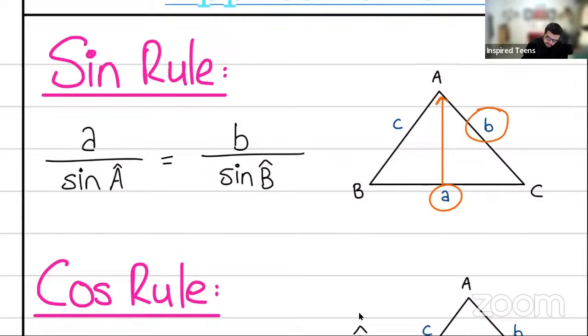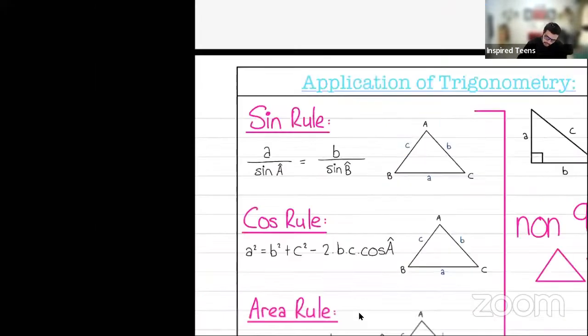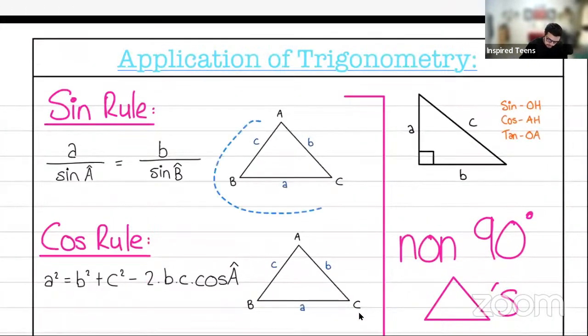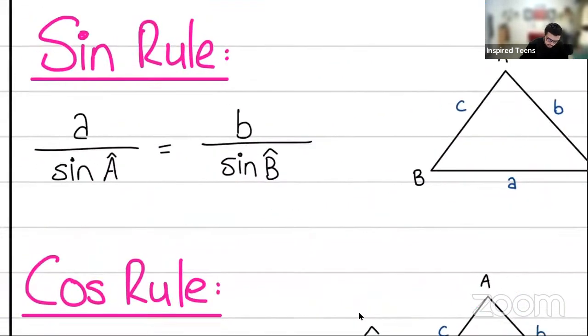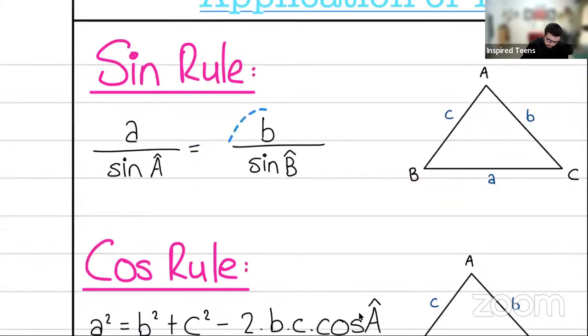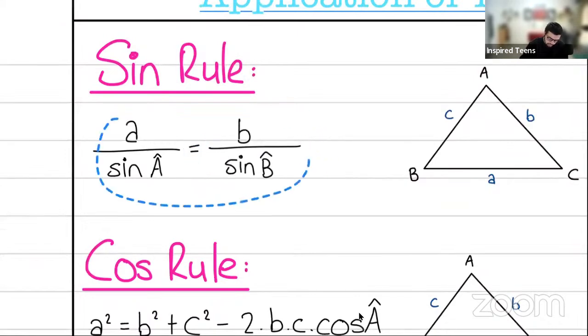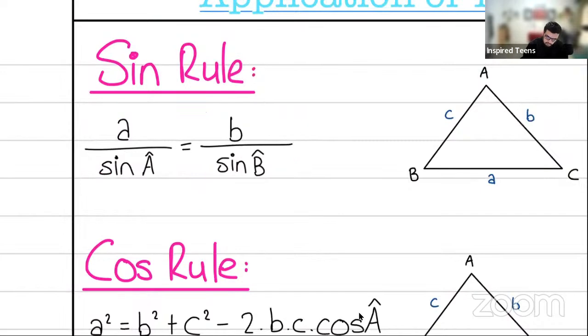We're taking the side over the sine of the angle opposite to that side that we're working with. And by the way, this is also equal to c over sine C.